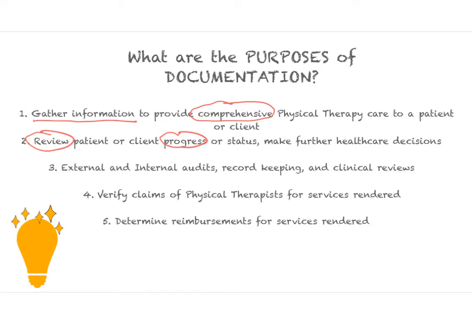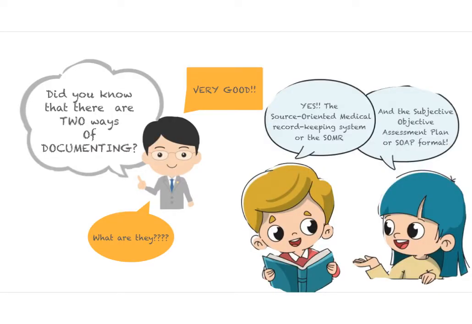Okay, so now that almost all the questions are answered, we now go to, if not equally important, the most important question, the most interesting question to ask. How do we document? There are two ways of documenting.